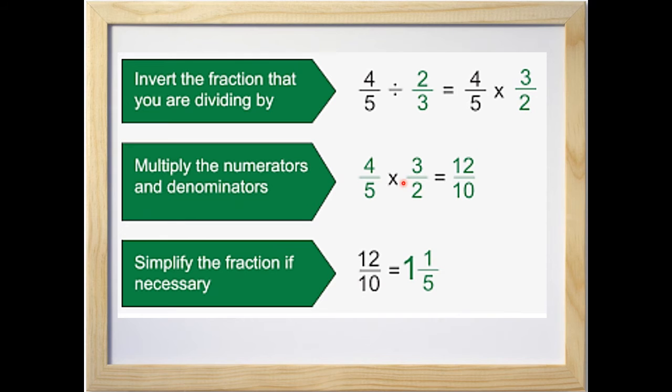Understood, children? Now multiply the numerators and denominators. So 4 into 3 is equal to 12, and 5 into 2 is equal to 10. Then simplify the fraction if necessary.